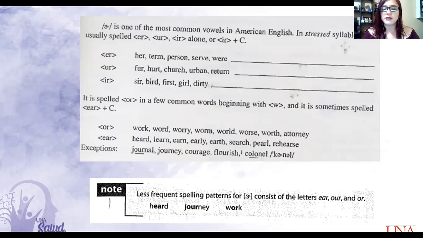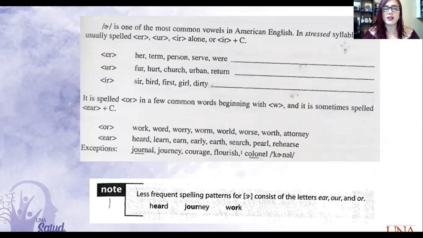Then we have serve and wear. Then we have the UR, like in fur, hurt, church, urban, return. You can see that you have to make sure that this moves, okay? Then we have sir, bird, girl, and dirty, okay?